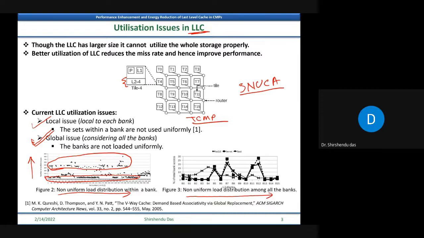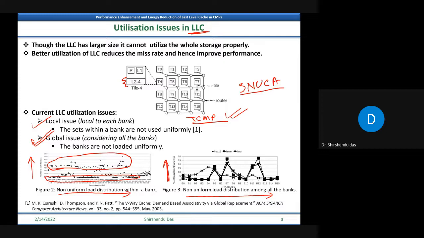The experiment performed for this graph is on the TCMP that I'm showing here. Both experiments I'm showing here were done by me, so I know the setup, and in this setup both experiments were performed. For the left side graph, I'm showing each bank, because each bank is an associative cache.